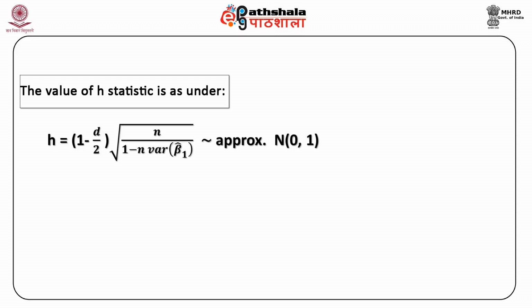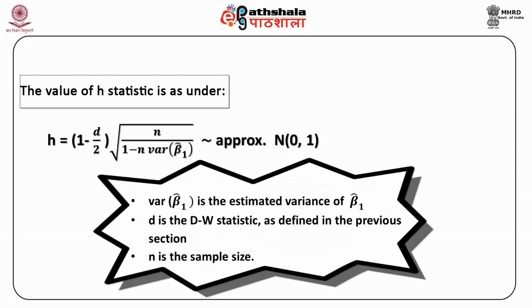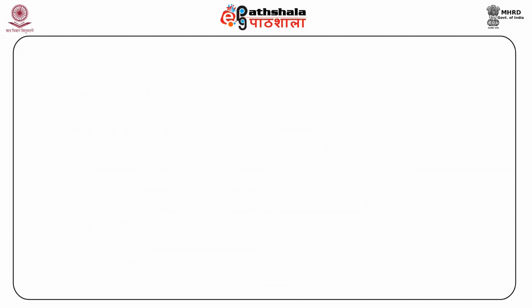This is approximately distributed normally with mean 0 and variance 1, where variance of beta 1 hat is the variance of the coefficient of yt minus 1, or you can say the estimated variance of beta 1 hat. d is the Durbin-Watson statistic as defined earlier, and n is the sample size in this formula.